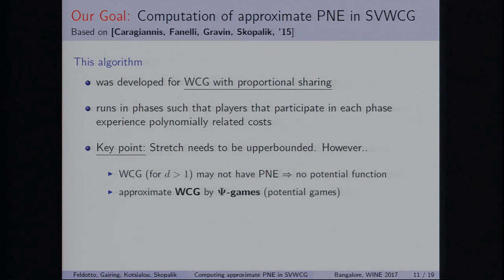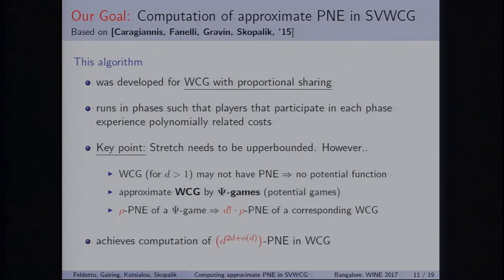Using this approximation, they prove that an approximate equilibrium in a psi game is also a d-factorial-approximate equilibrium of its corresponding weighted congestion game. And in the end, they achieve a final computation of a d^2-approximate equilibrium in weighted congestion games with proportional sharing.